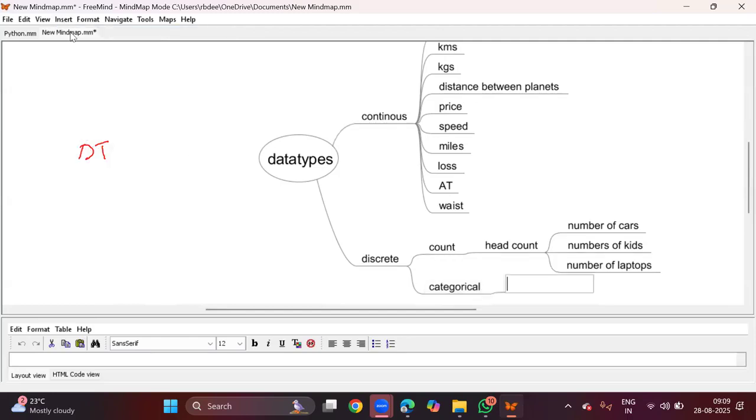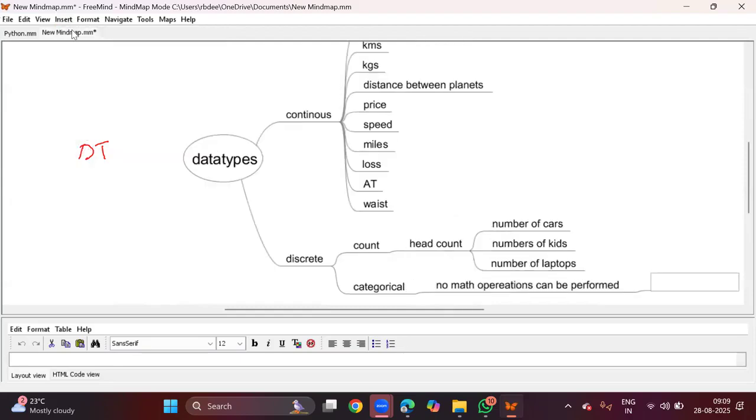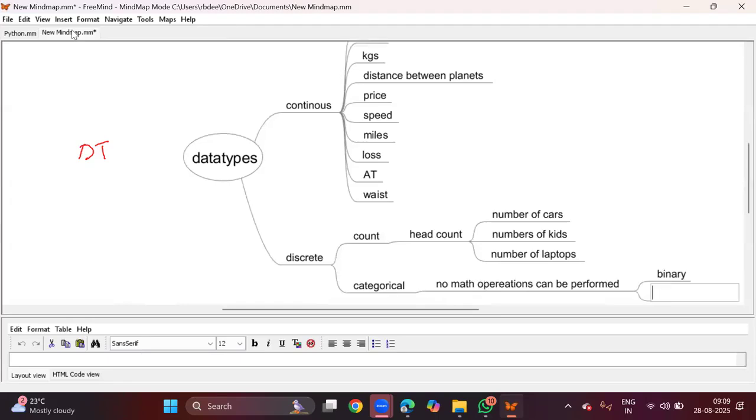Categorical is nothing but where no math operations can be performed. You cannot add, you cannot do anything. That is nothing but, say, male or female. That's why we divide this again into two types, binary and mixed, or I should say multiple.